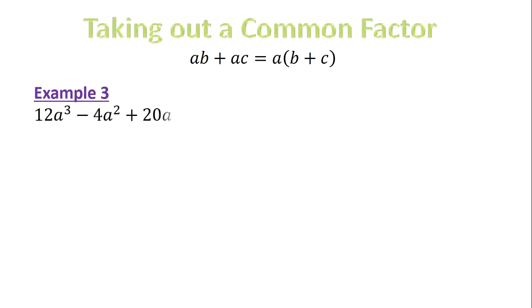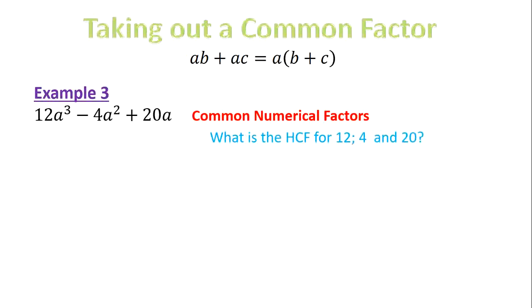Example 3. 12a cubed minus 4a squared plus 20a. Again, we want to find our highest numerical factor. So we ask, what's the HCF for 12, 4, and 20? Well, hopefully you can see that it's 4.